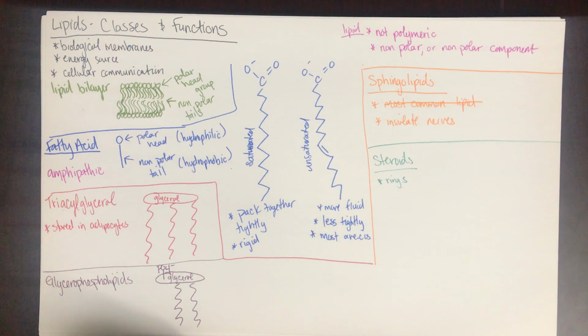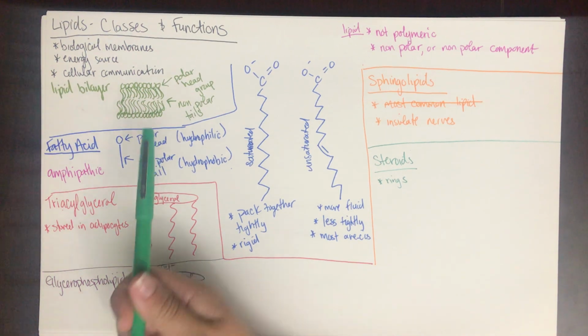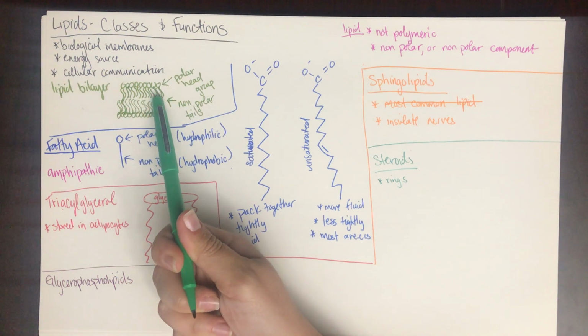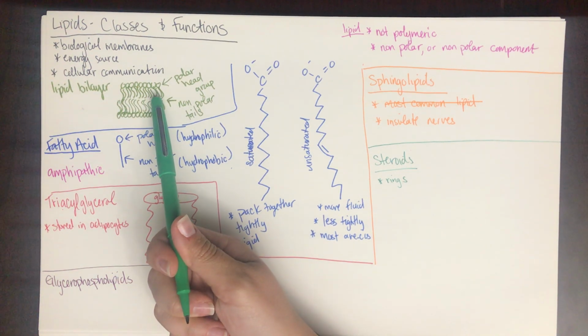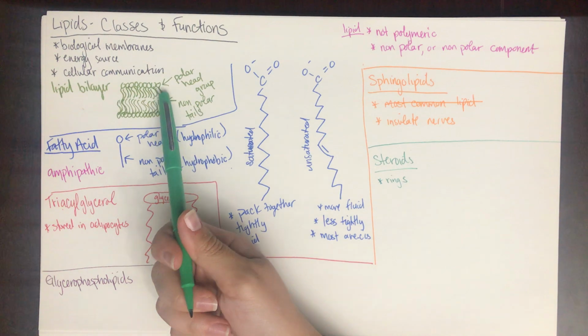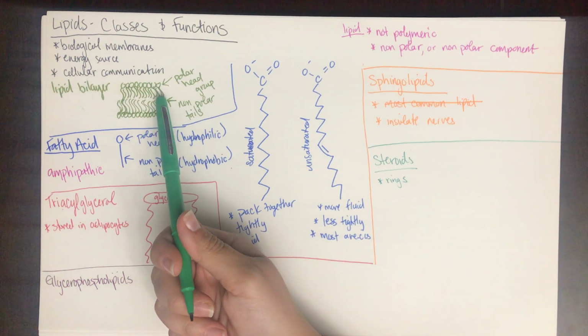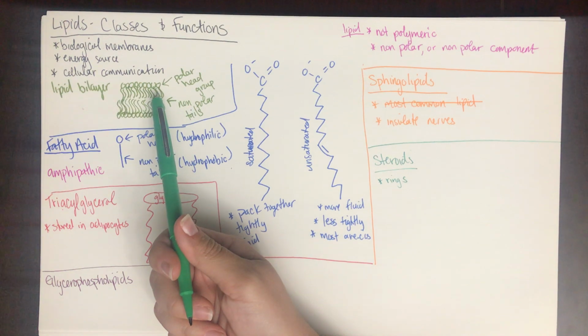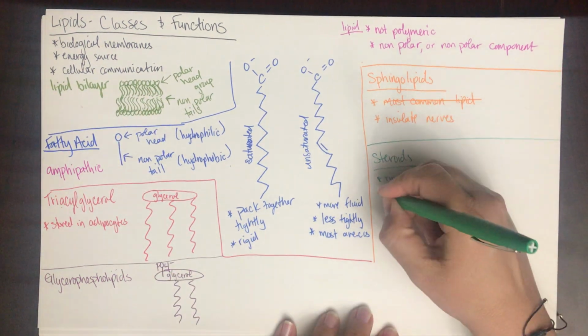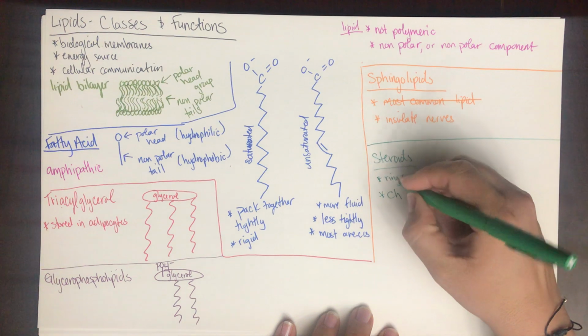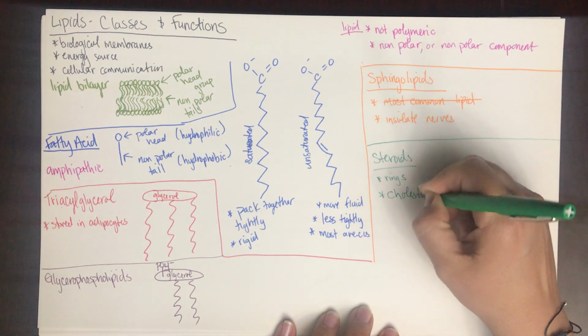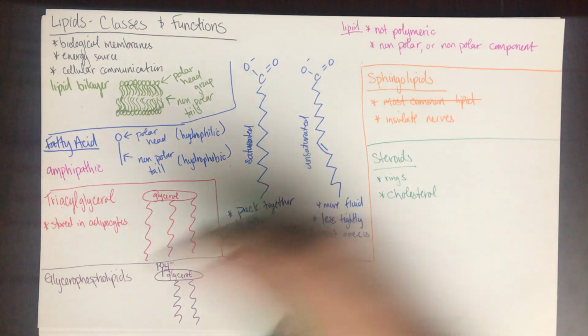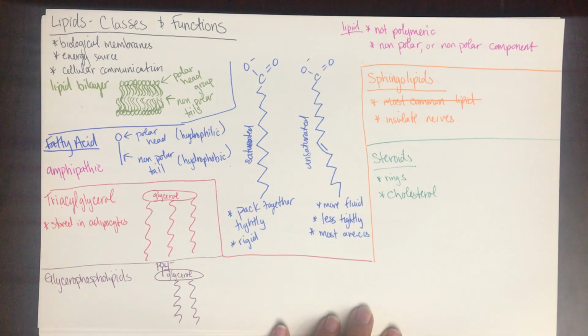Steroids are also important in biological membranes. There are no pictures here of steroids or cholesterol in our lipid bilayers, but lipid bilayers actually require cholesterol especially to maintain fluid mobility.